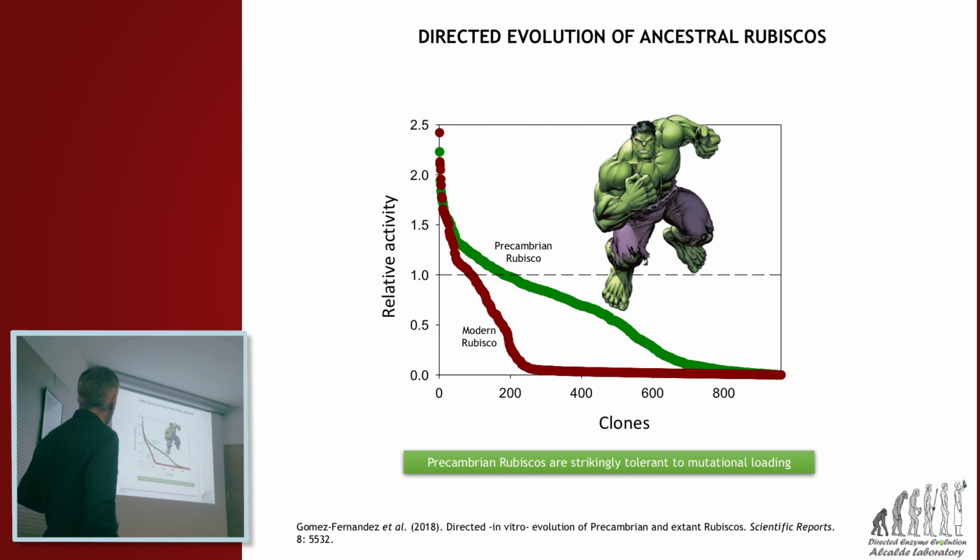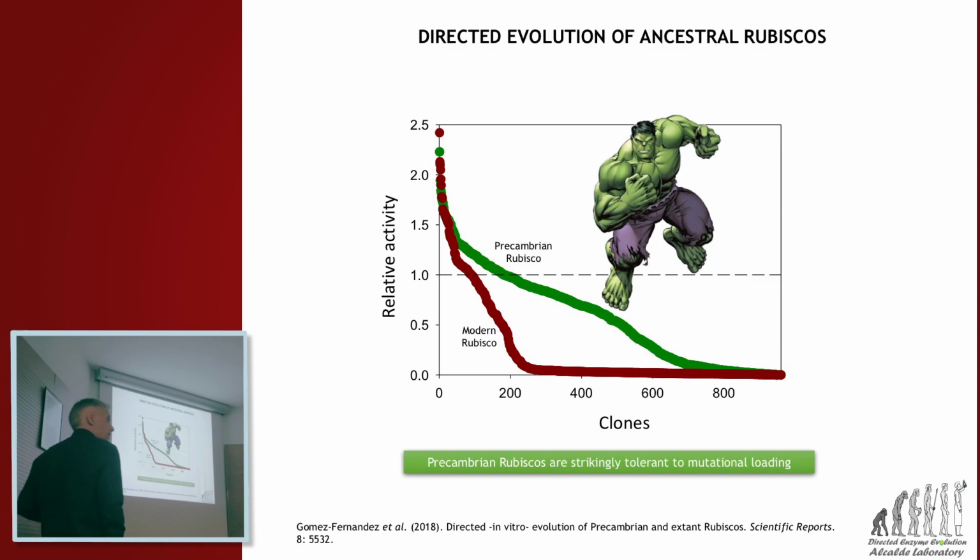This slide represents the classical landscape of a directed evolution experiment, where one is the activity of the parental type, and these are the clones exploring a round of directed evolution. You can see here that the modern Rubisco, under the same mutational loading, is much less stable than the Precambrian Rubisco.